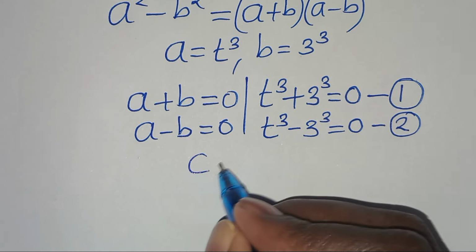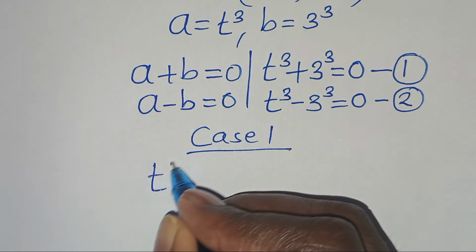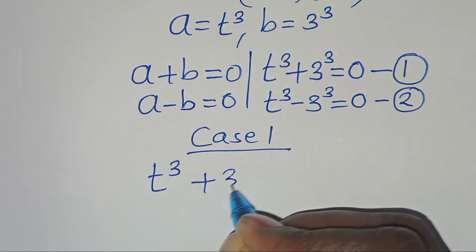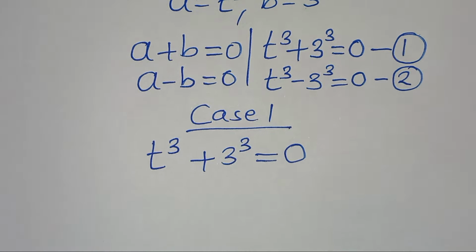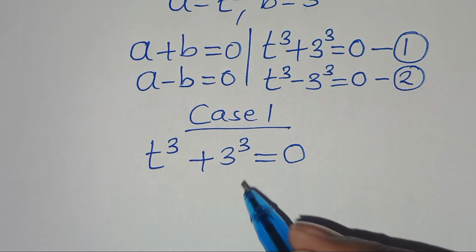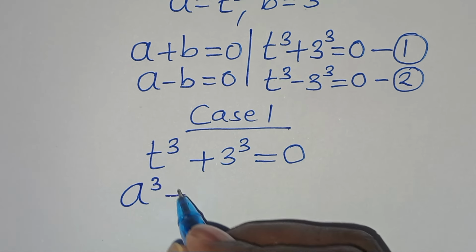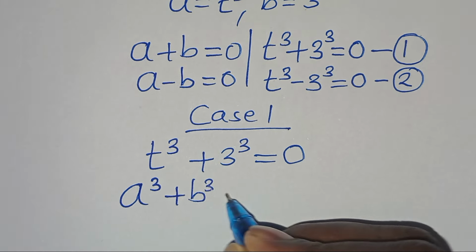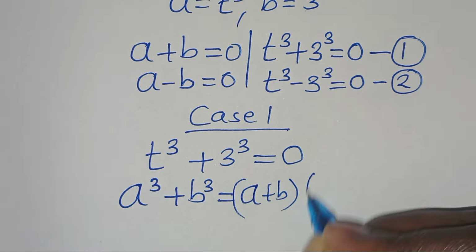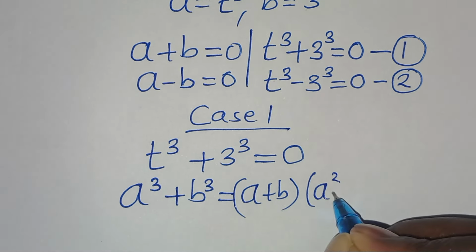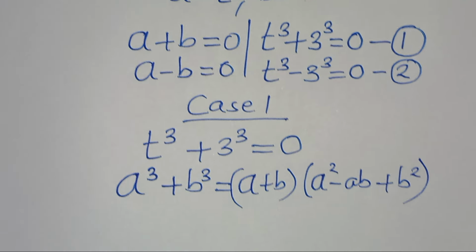So let's start with case 1 from here. We have t to the power of 3 plus 3 to the power of 3 equal to 0. This equation here is the sum of two cubes that we can express as a to the power of 3 plus b to the power of 3, which we can express as a plus b, in parentheses, a squared minus a times b plus b to the power of 2.